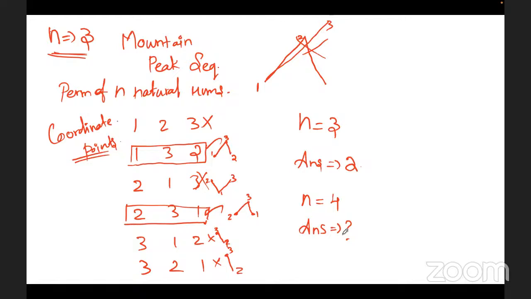Now 6 by 3 is equal to 2. 24 by 4 is equal to 6. So 6 would be the answer. Okay, let's take 6 as an answer. I got one answer as 6. Let's see.